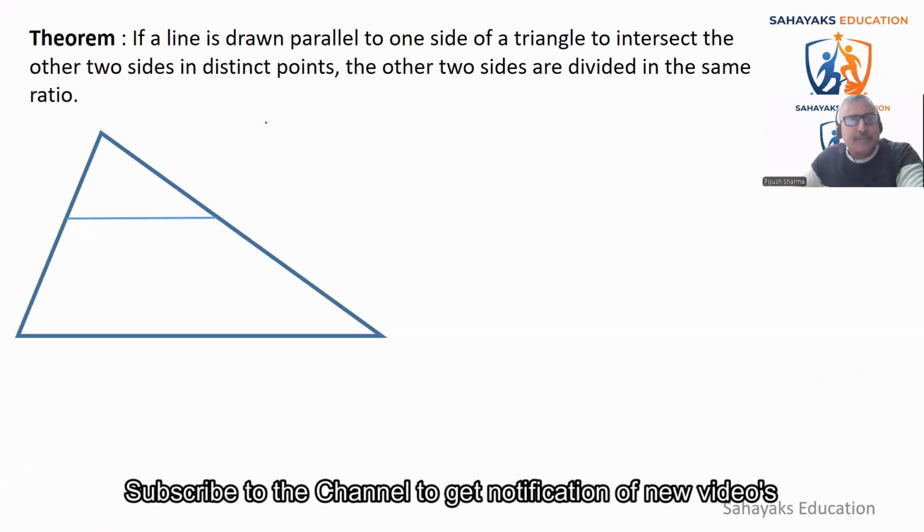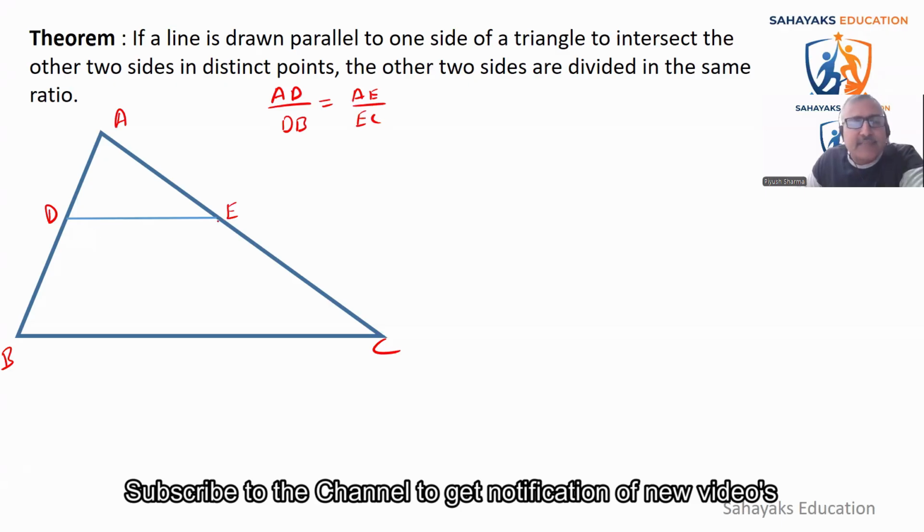So what we have to prove here is, if a line is drawn parallel to one side of a triangle to intersect the other two sides in distinct points, the other two sides are divided in the same ratio. Now, if I write the nomenclature, this is A, B, C, D, and E. So we know that DE is parallel to BC, and what we have to prove is that AD divided by DB is equal to AE divided by EC.